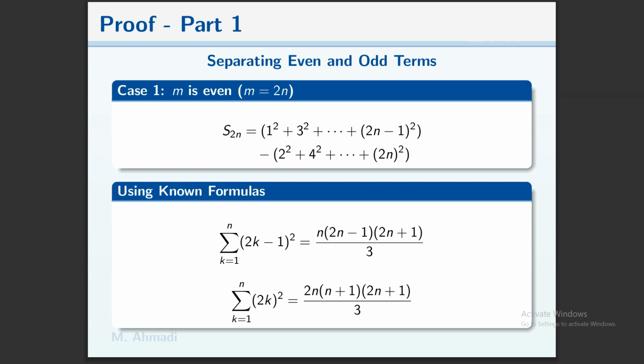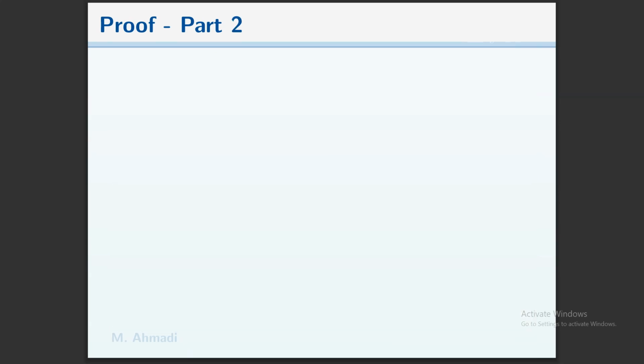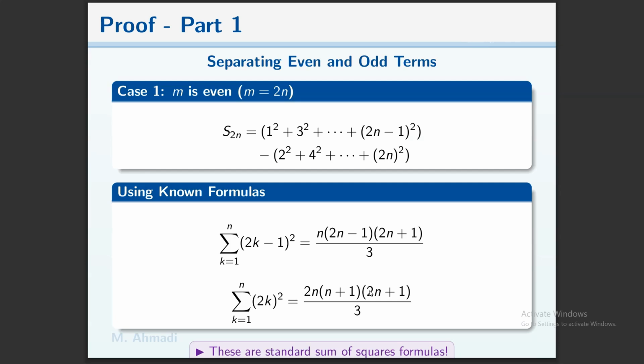And also the sum for k from 1 to n of (2k) squared equals 2n multiplied by (n plus 1) multiplied by (2n plus 1) over 3. These are standard forms of the sum of squares formula.